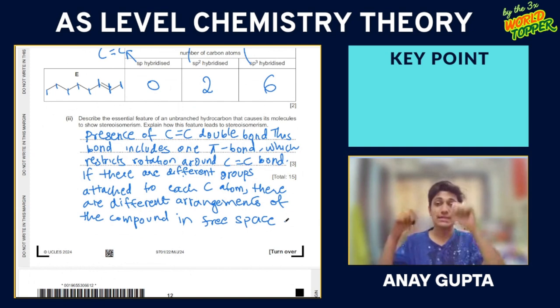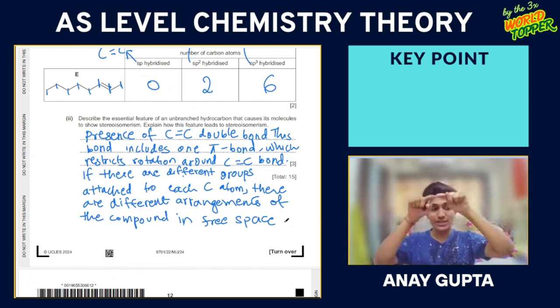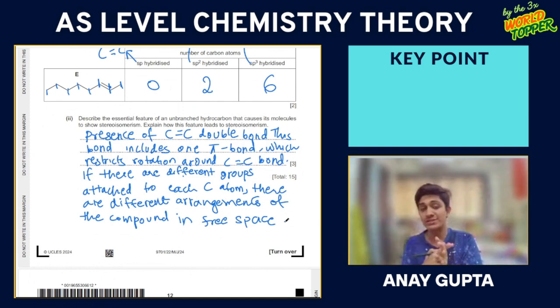So that means that in space I can have two different three-dimensional arrangements of a particular compound with the same structural formula. Now, that is basically the definition of stereoisomerism. That is, compounds with the same structural formula but with different arrangement of atoms in free space. I am just quoting that definition over here to justify my claim previously. That is why understanding the definitions is also pretty important for your chemistry paper.